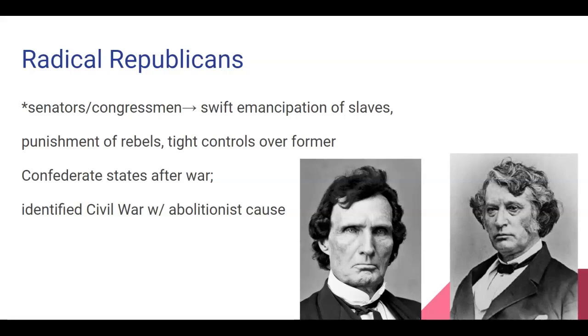He wanted the punishment of the rebels. He was all about sticking it to the South because they had caused all these problems. He wanted tight control over the former Confederate states after the war, and he was very much an abolitionist.